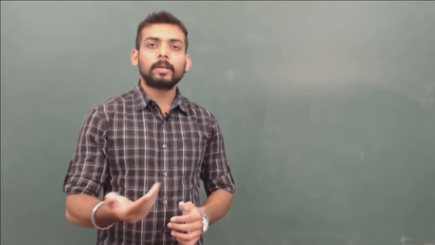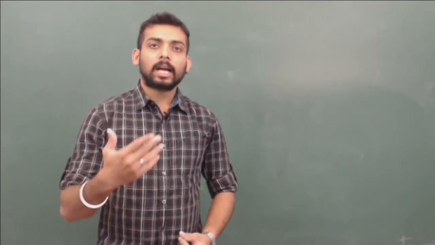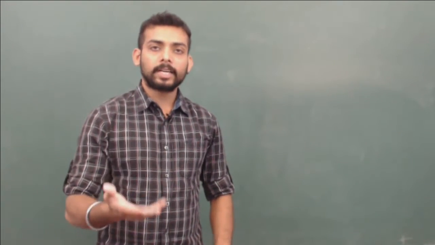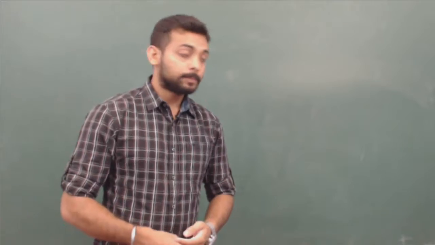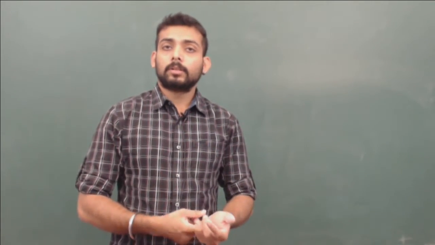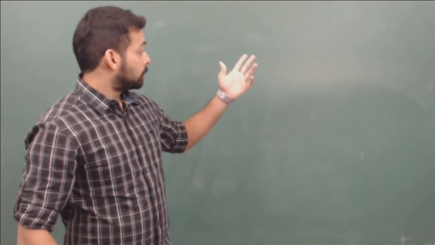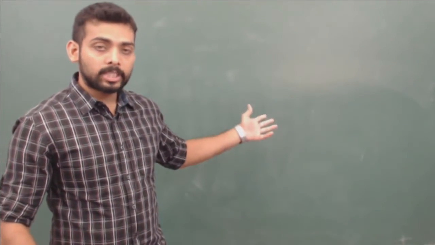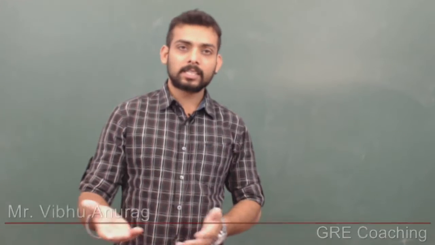You can solve verbal ability questions as methodically and as scientifically as you would solve your quantitative sections. All these details and techniques we will uncover in the classes. So we have gone through the basics of GRE, how the exam is going to be, and we have seen a couple of questions, what kind of questions you can expect on the test. Now let me give you some details about the course.